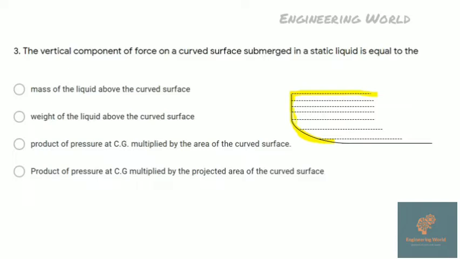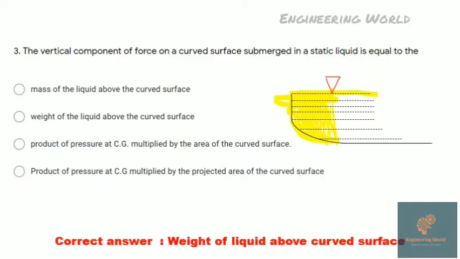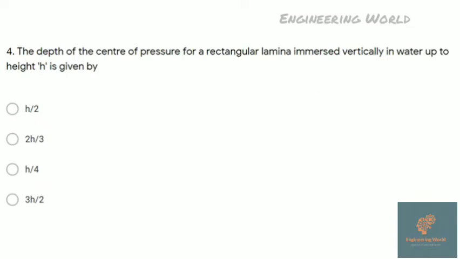The vertical force is given by the weight of liquid above the curved surface extending up to the free surface, that is all this liquid up to that free surface. Let me show that free surface as a triangle. So this is the free surface and all this liquid up to the free surface above the curve, the weight of the liquid, is the vertical component.